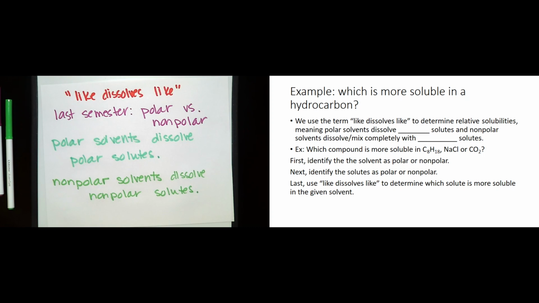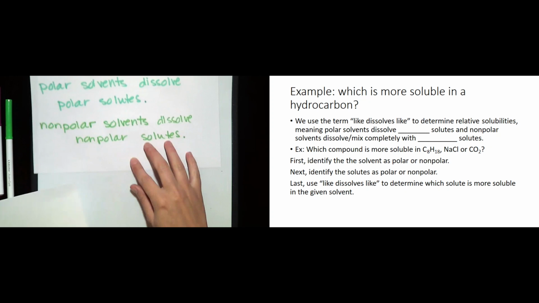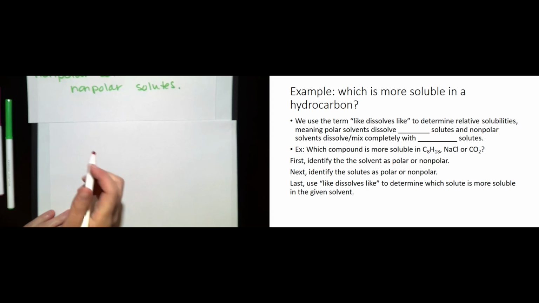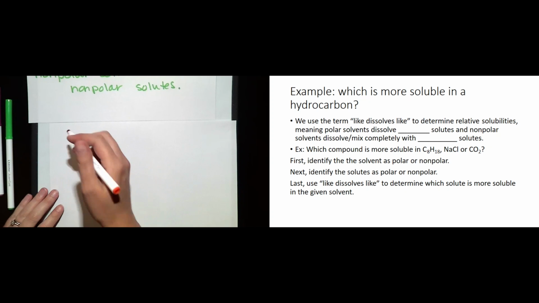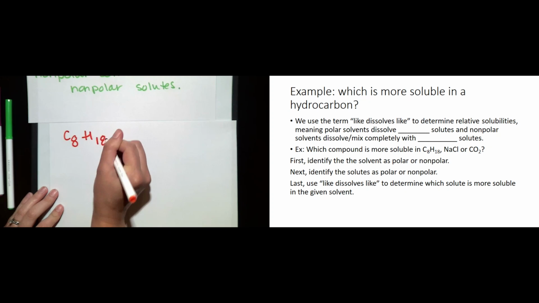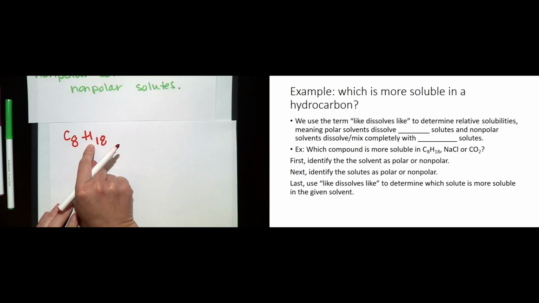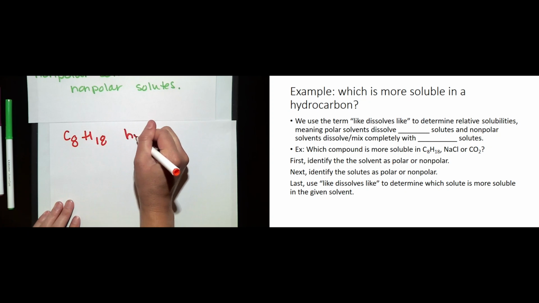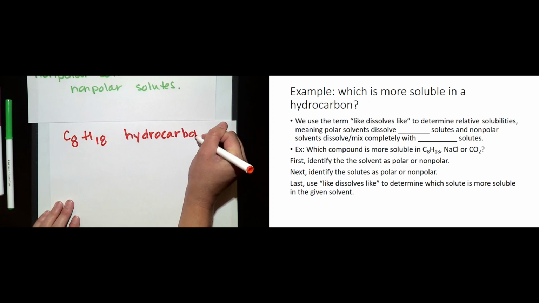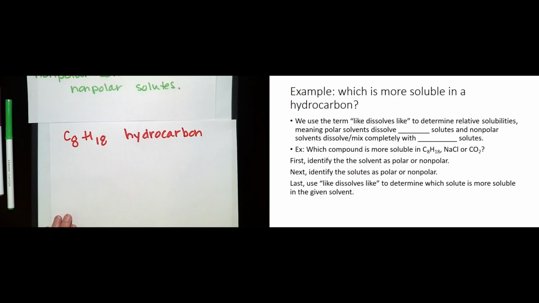So like dissolves like, simple concept. Now we need to apply it. So I have an example here. This is a hydrocarbon. Which is more soluble in this hydrocarbon? Hydrocarbon means it has only carbons and hydrogens in the compound. So we call this a hydrocarbon. Hydrogen and carbon only in the compound.